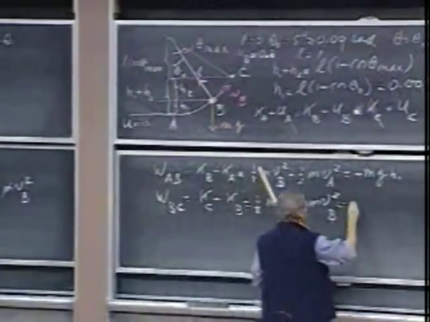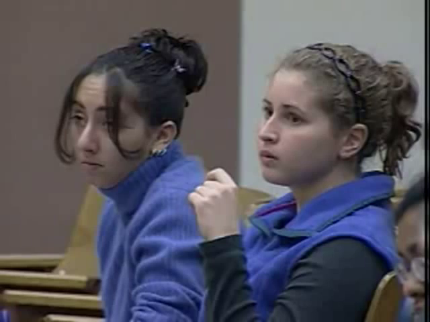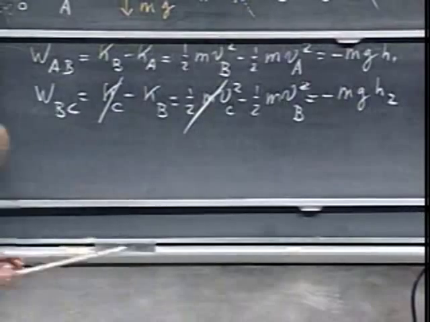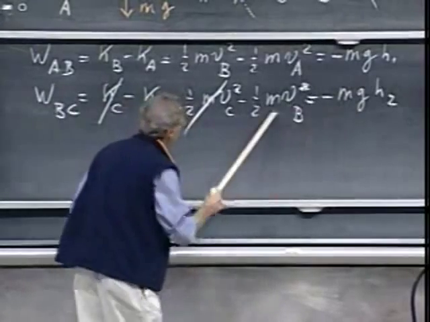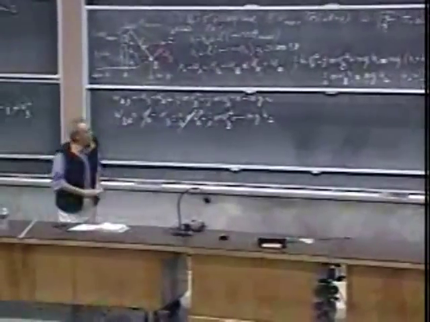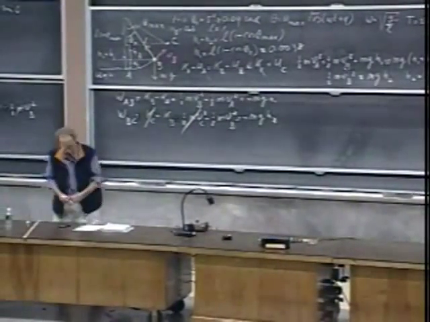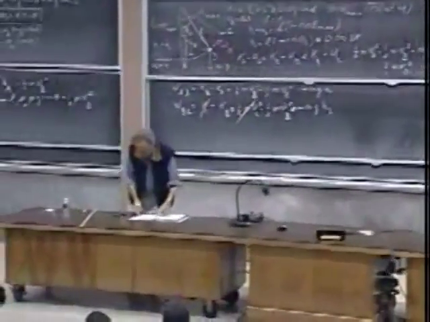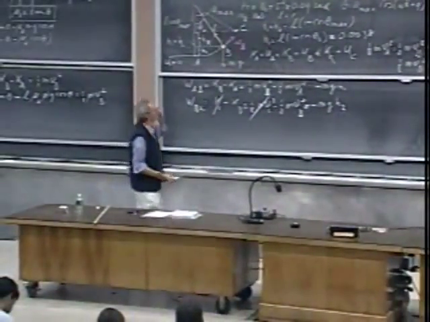So this equals minus mgh2. This is 0. And so you see what you see here is exactly what you see here. The two are identical. And so you could have used the work-energy theorem, or you can use the conservation of mechanical energy. That makes no difference. And so you now can calculate theta maximum.